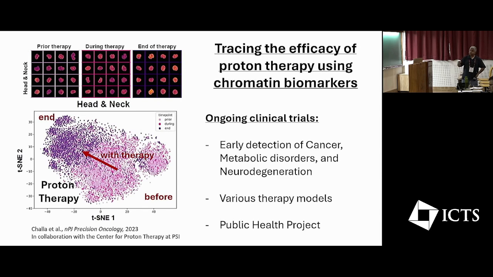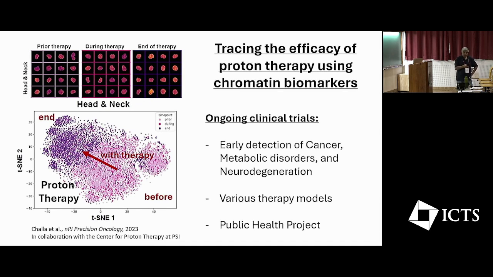And we have a clinical trial starting on neurodegeneration, whether we can pick up neurodegenerative signals in the blood cell chromatin state. And whether we can actually think of efficacy of therapies. What I showed you here is proton therapy, but we are now working with clinicians for surgery, chemotherapy, radiation therapy of all kinds. And can we use this as a generalized model for doing this?